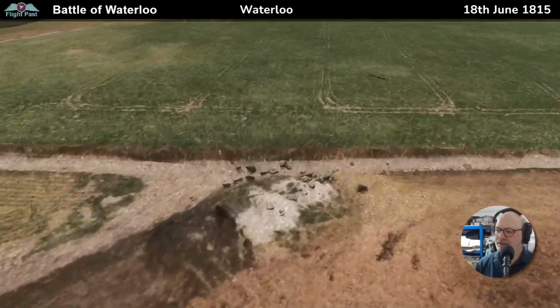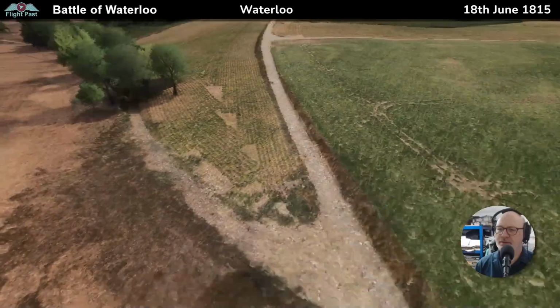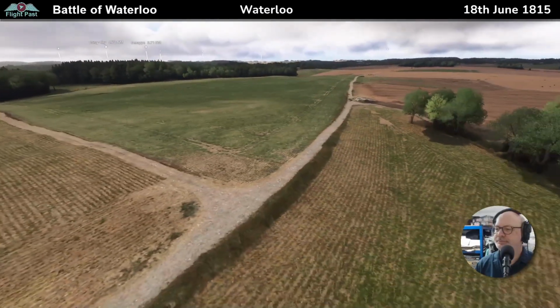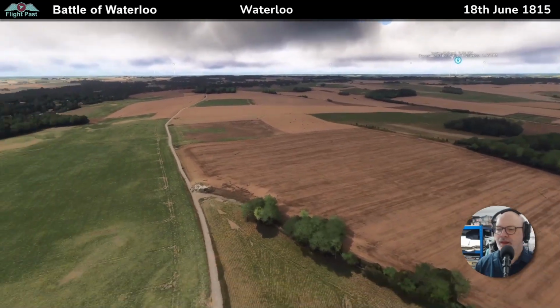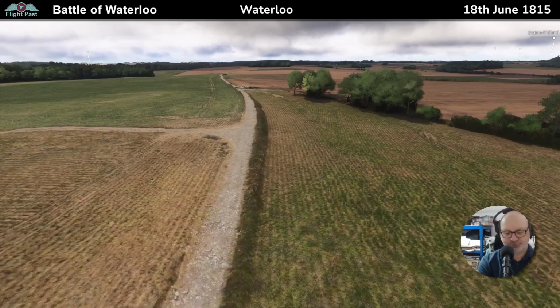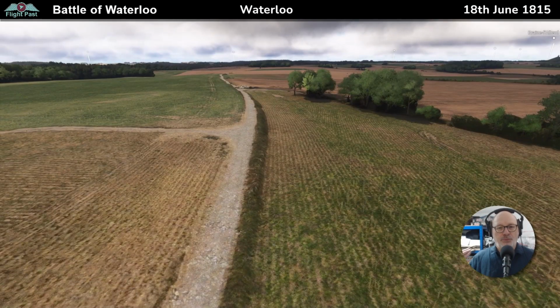Could be here. Maybe not. This is the road from the Bois de Paris towards Plancenoit.